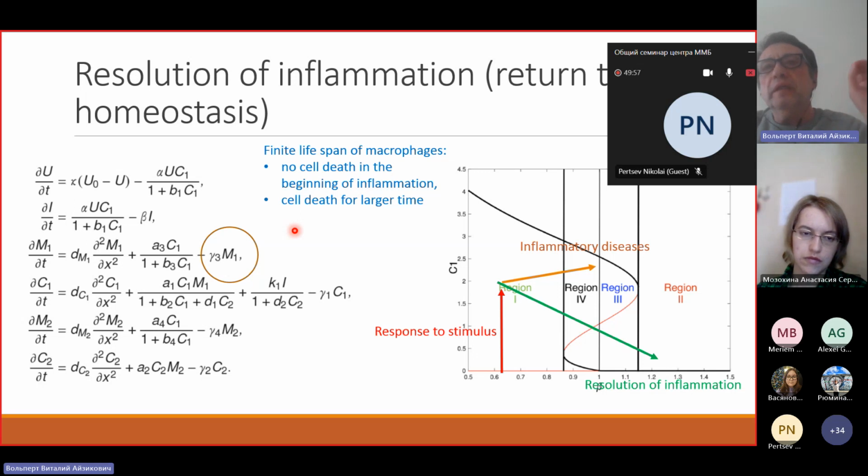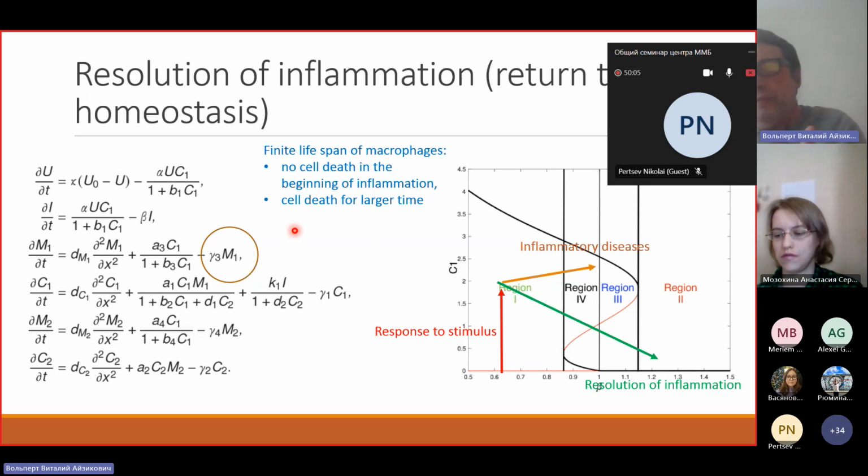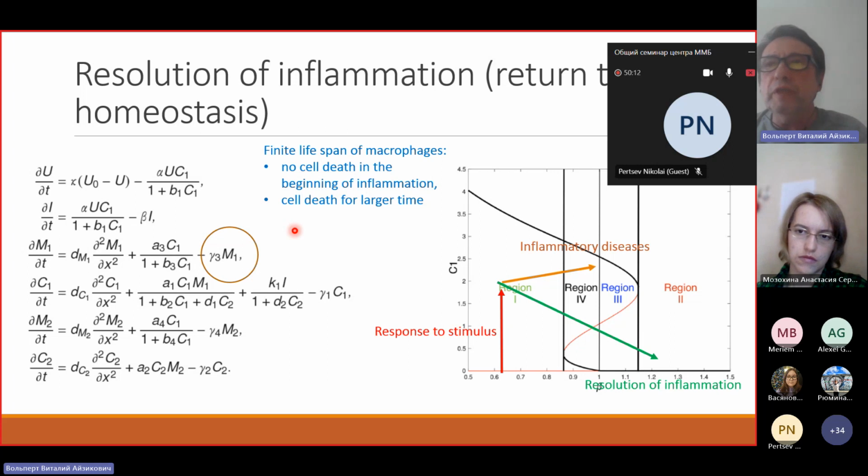And when we study that in more detail, it appears that, again, we talk about different macrophages, pro and anti-inflammatory, but we now need to introduce two other types of macrophages: resident macrophages, which are always present in the tissue, and circulating macrophages, which go to the tissue when the tissue is inflamed as a part of the immune response.